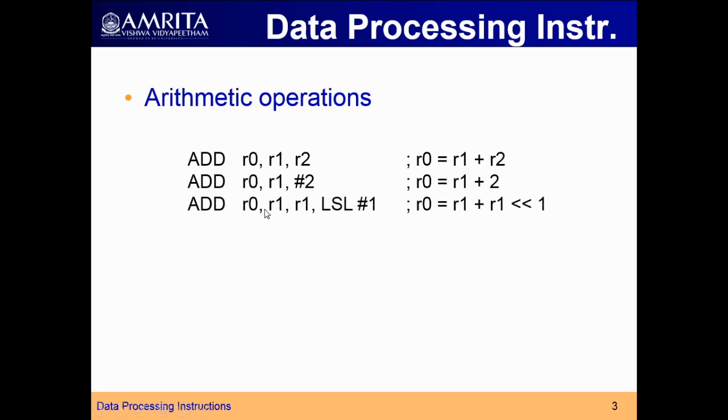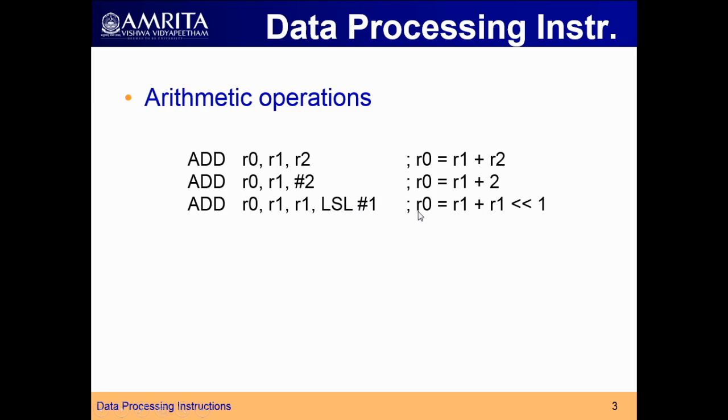Then the third type of add. Here you can see the second operand is a shifted register. ADD R0, R1, R1 LSL #1. LSL stands for logical shift left, that is, you are shifting the R1 register by 1 unit towards the left.